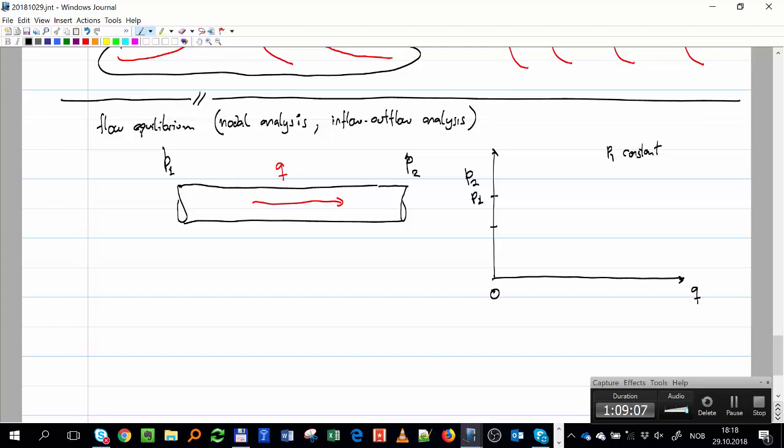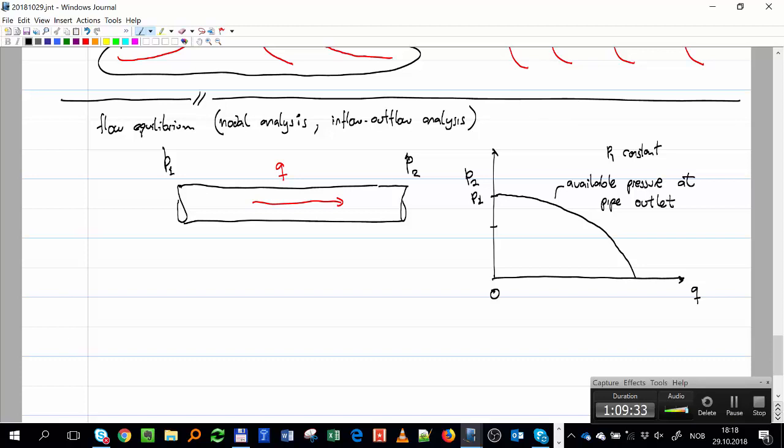Yeah, a condition to have flow. Otherwise, you cannot flow that Q. That's correct. So this curve, I'm going to call it the available pressure at the pipe outlet.